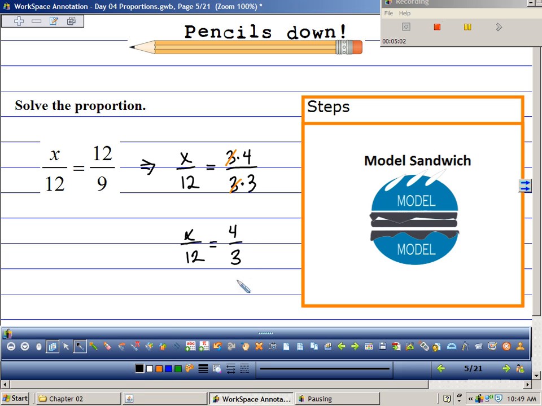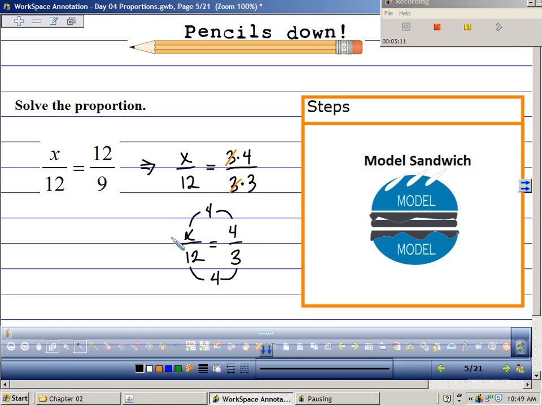Now do you see a relationship? 3 times 4 is 12. So 4 times 4 has to be 16. Right? For it to be truly equal, if I multiply 3 times 4 and I get 12, then 4 times 4 must be 16.